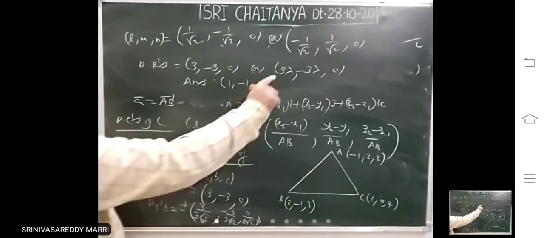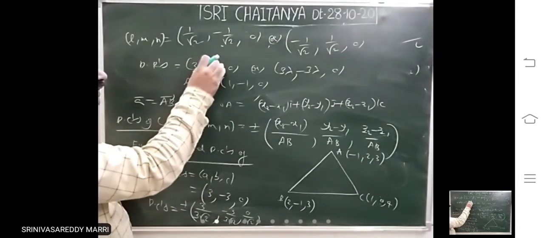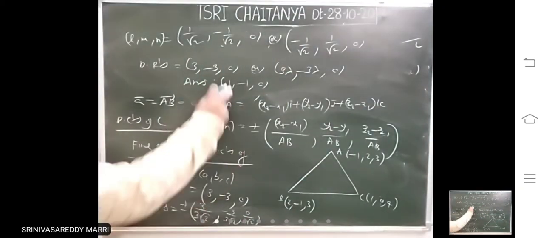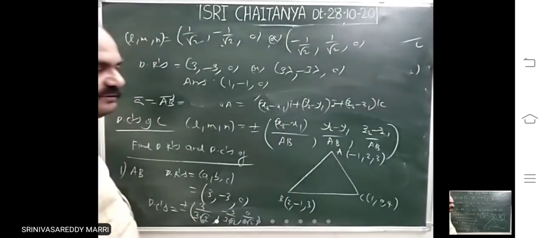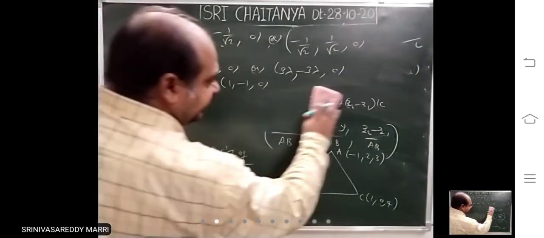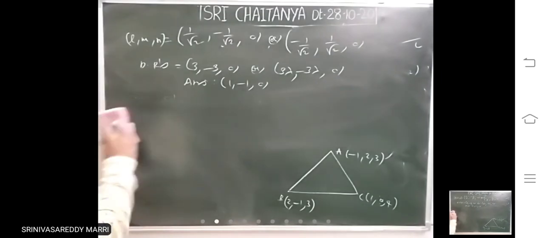That is correct, lambda is 1 by 3. For DRs, you have to check the answer. If it is a multiple of this, then that also will be correct. DCs are unique, either this or this he will give, as a unit vector. That is how to calculate if a line passes through 2 points and you have to calculate DRs and DCs of that line.